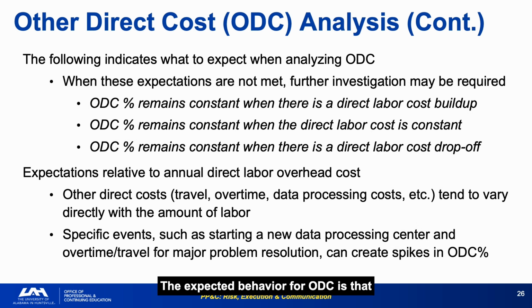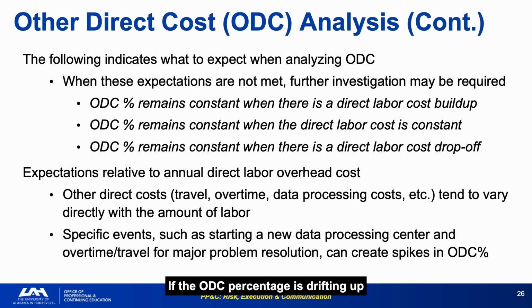The expected behavior for ODC is that the percentage remains roughly constant regardless of whether direct labor is building up, holding steady, or declining, because ODC is a variable cost that tracks with the work. Specific events, such as starting a new data processing center or an unusual travel spike for a problem review, are legitimate causes of a temporary increase in the ODC percentage. The question is whether they appear in the variance explanation.